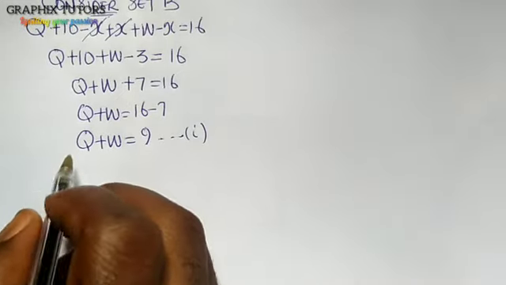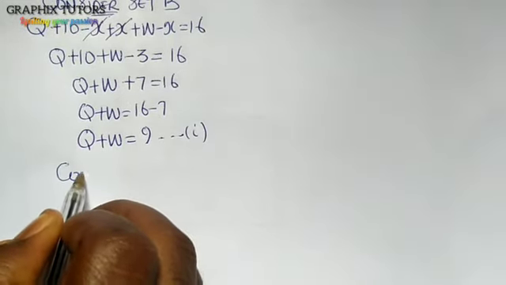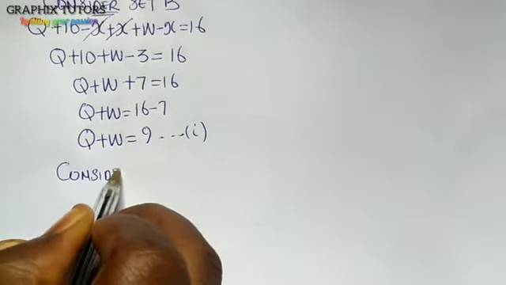Now for set C. So we want to consider set C, right? So we'll go to set C. This entire box here is set C. So we'll start by saying P plus Q plus R minus S plus X plus W minus X equals to what? 18. So that was right.